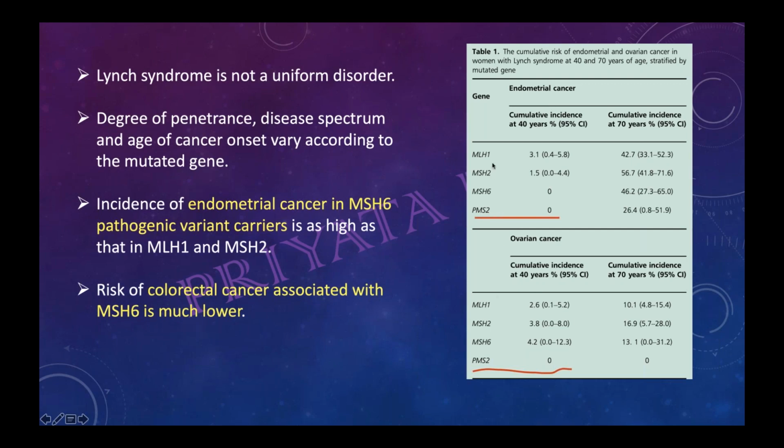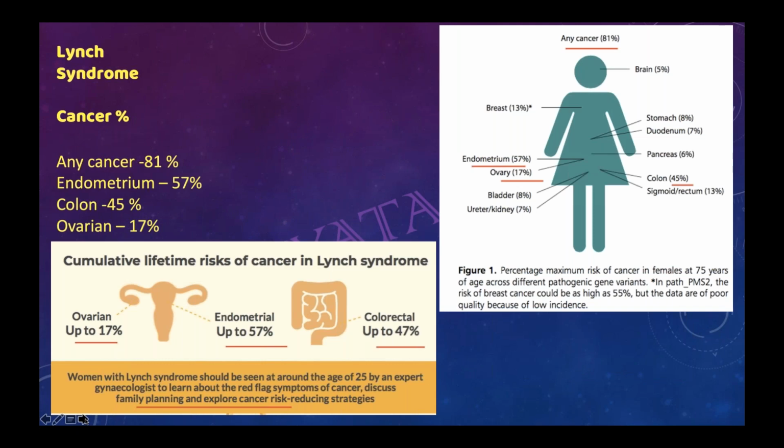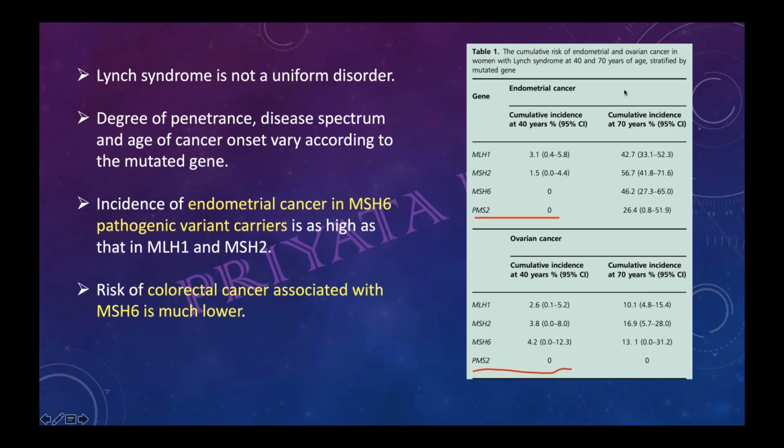So these are the few pathological variants. This is the cumulative incidence for endometrial cancer, but it changes with age. So these are the incidences at 40 years of age, and these are at 60 years of age.